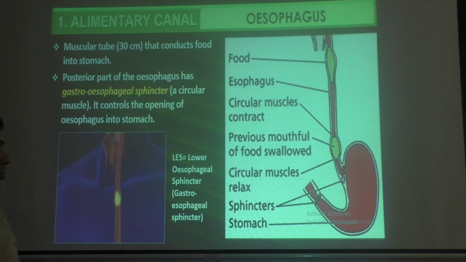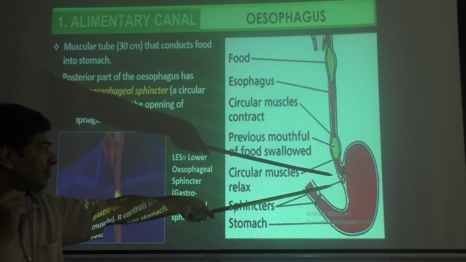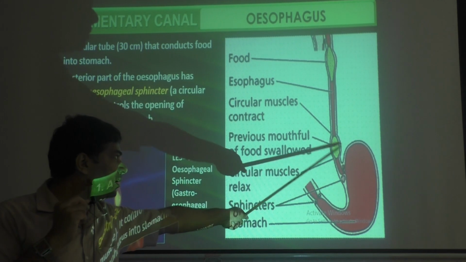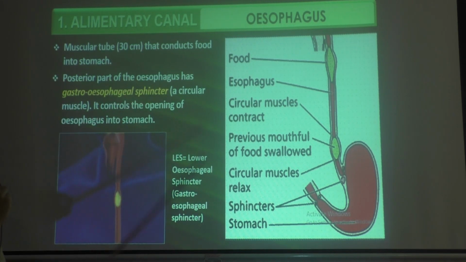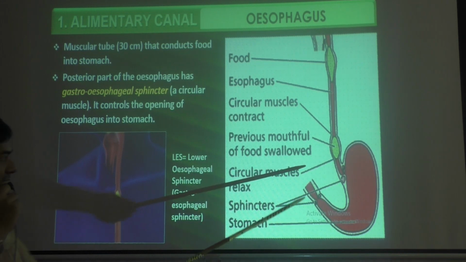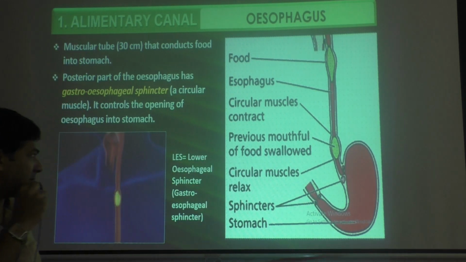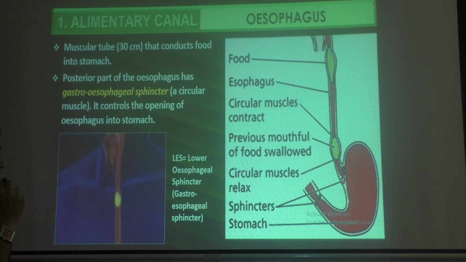So the food present in the esophagus will go to the stomach only when the sphincter muscle present between the stomach and esophagus, called the gastroesophageal sphincter, opens. The name itself says gastro means stomach, esophageal means esophagus. The part connecting the stomach and esophagus, this part, is written as sphincter there. It is a circular muscle.